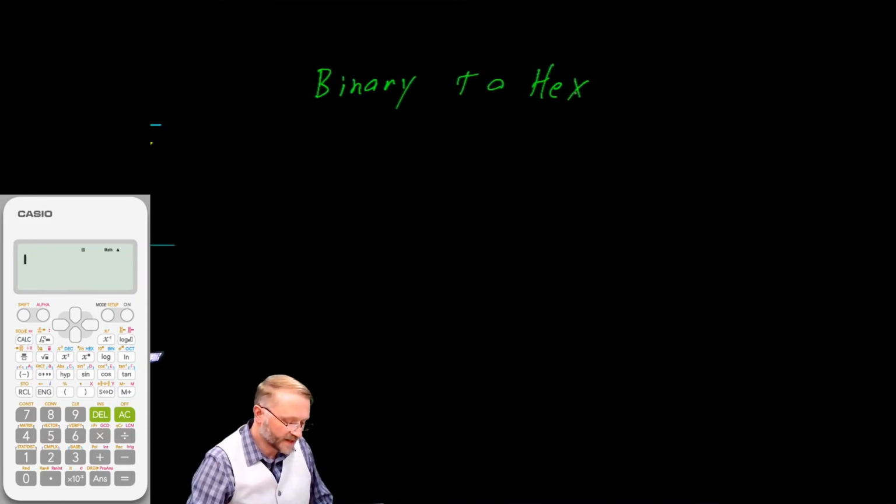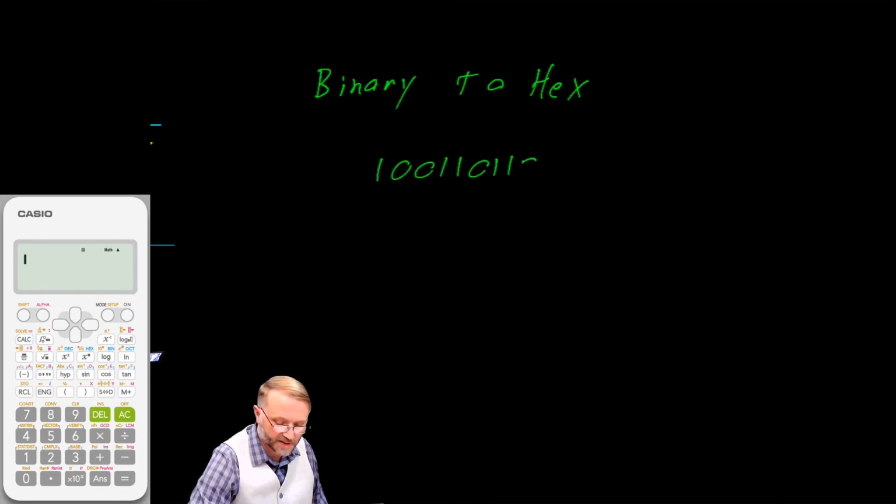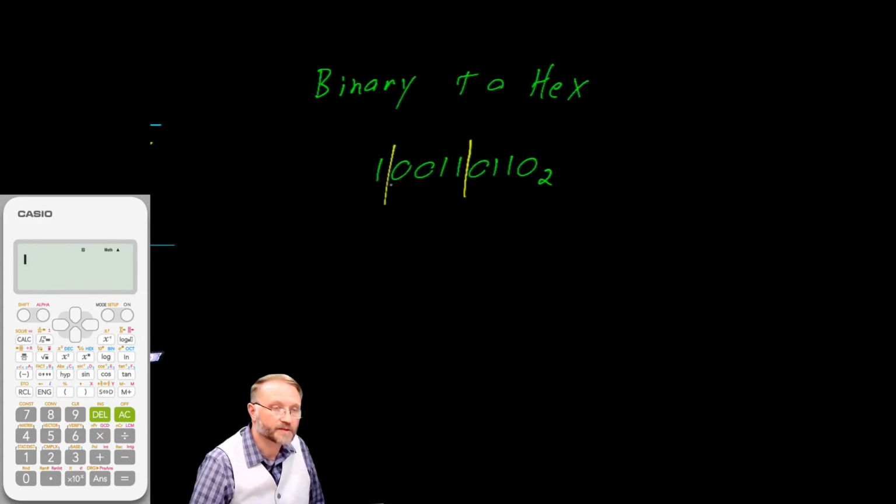And it goes something like this. Suppose you have this number 100110110 base 2, and you want to convert that to hexadecimal. This is a very easy operation because all you need to do is group your numbers like so. So you chunk them into groups of 4 with the understanding that there are leading zeros out here.